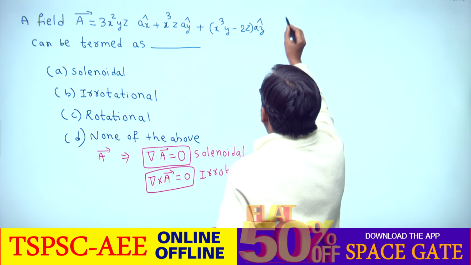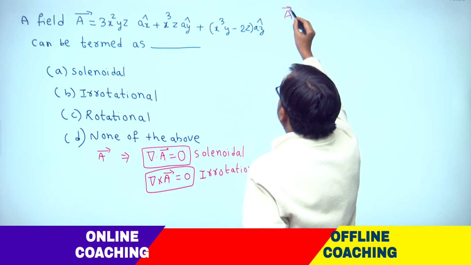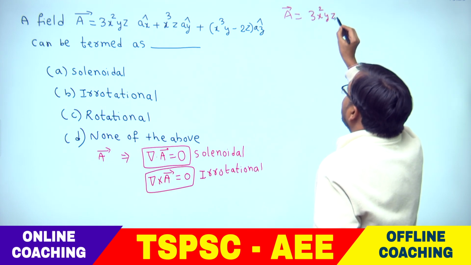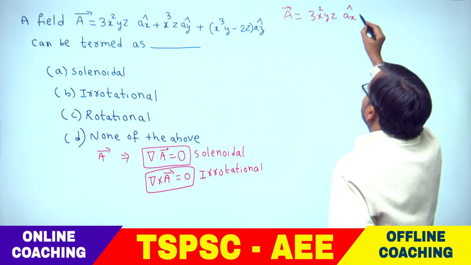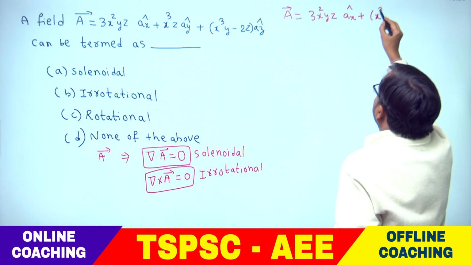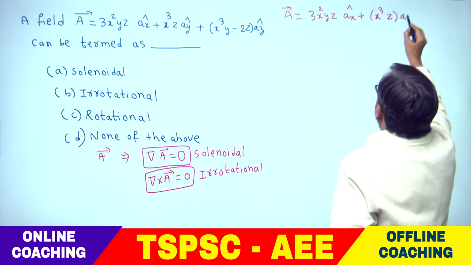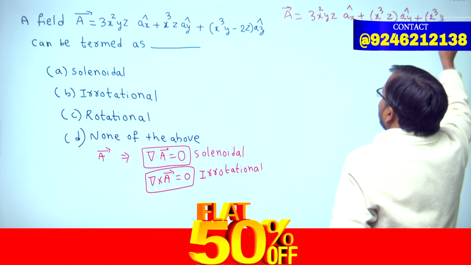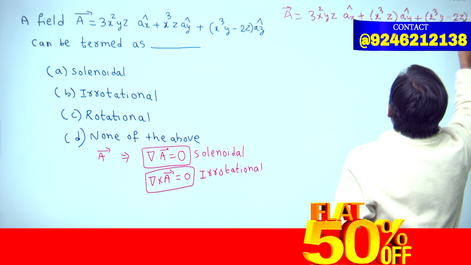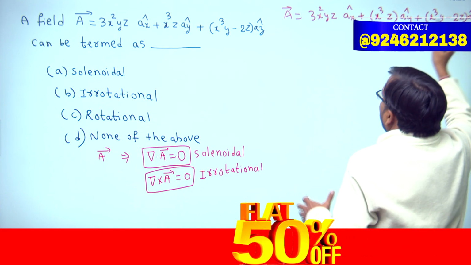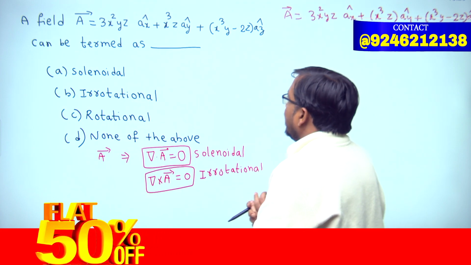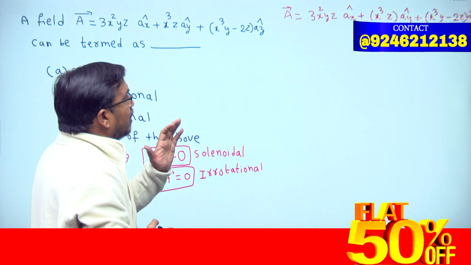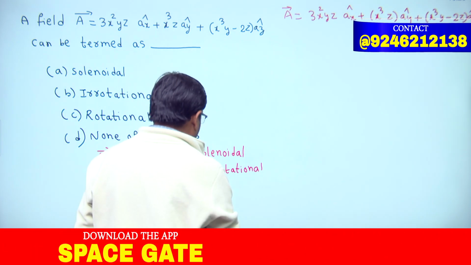So I am writing the given vector A equals 3x square yz ax cap plus x cube z ay cap plus x cube y minus 2z az cap. This is the given vector in rectangular coordinate system. Now, first I am finding the divergence.